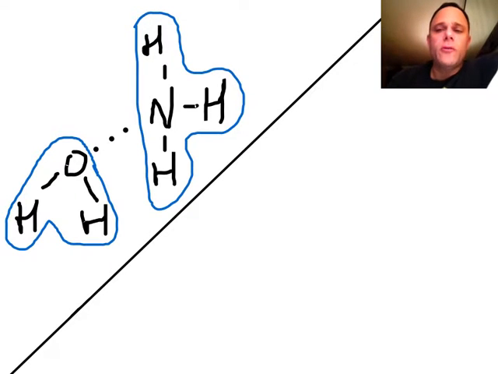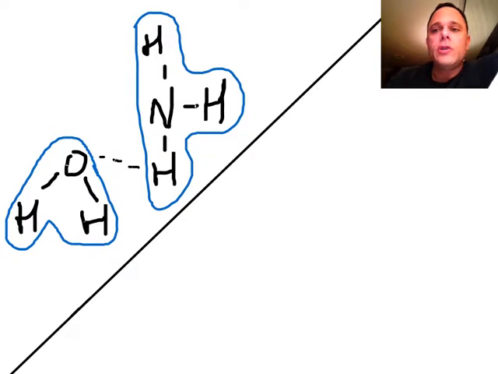Now I don't want to leave you with a false impression that it has to be hydrogen fluorides with hydrogen fluorides, and it can only be waters with waters.